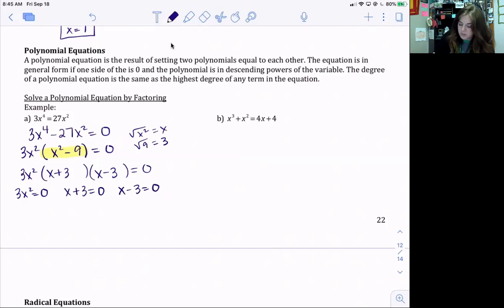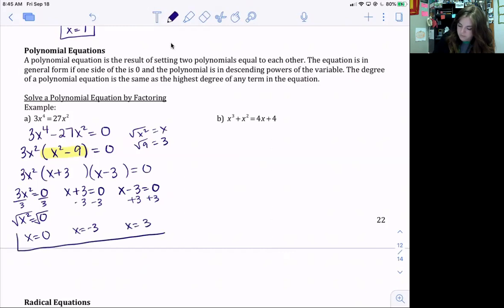So if 3x squared equals 0, divide by 3, x squared equals 0, square root both sides, and x equals 0 is one solution. And then keep working. So we're going to subtract 3, so x equals negative 3, and then add 3, so x equals positive 3. And there's our 3 solutions.